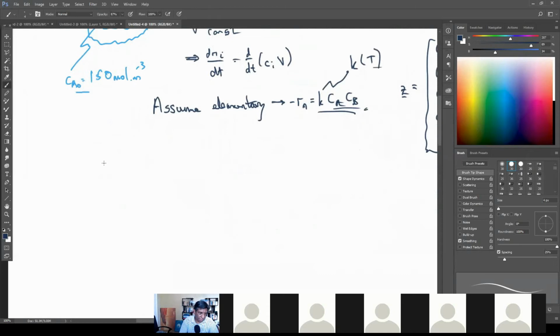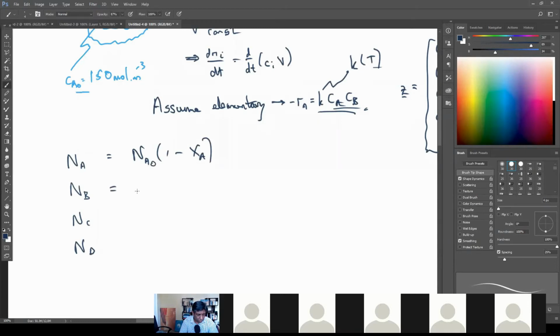And to answer that, we can write our friendly mole balance on each of our species here. So we can say NA equals, of course, NA naught (1 minus XA).